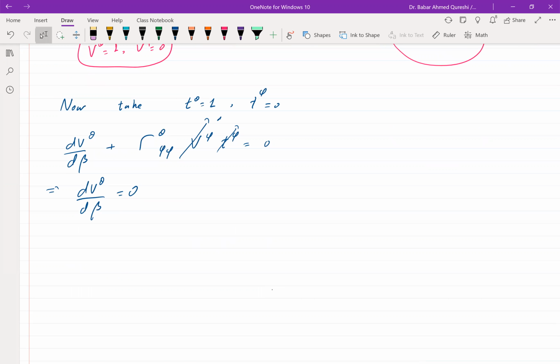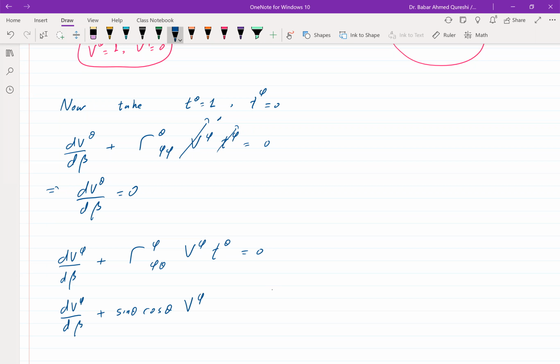And the other equation is dv phi over d beta plus gamma phi phi theta v phi t theta is 0. So dv phi over d beta plus sine theta cosine theta v phi is equal to 0.